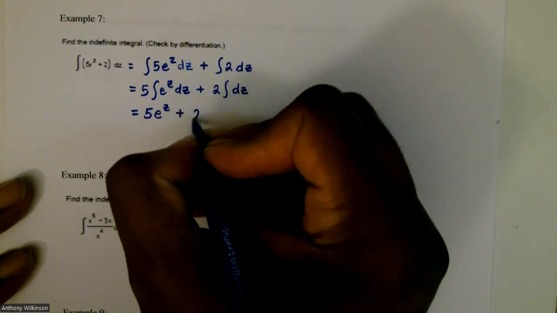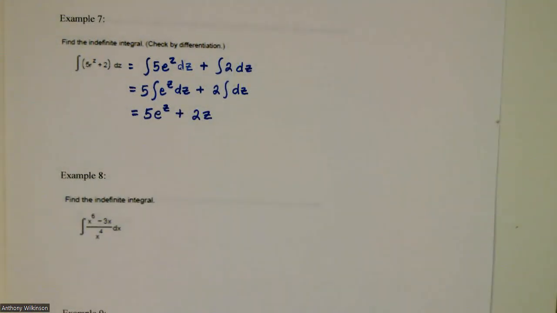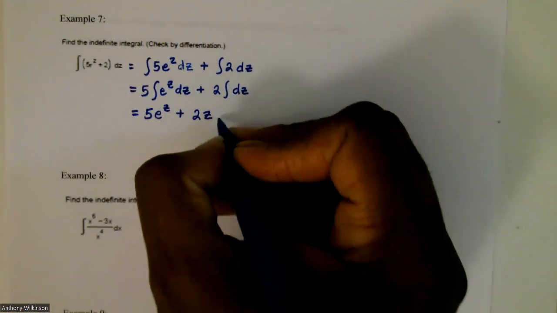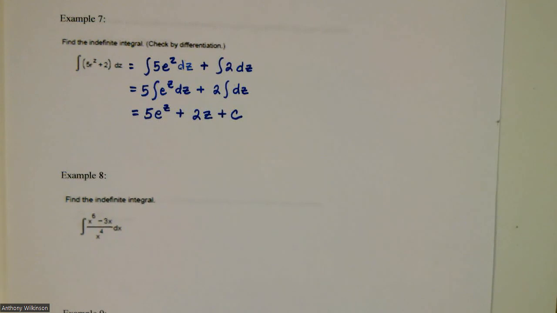And then plus 2 times the integral of dz, we just tack on that variable, which is z. Since it's an indefinite integral, we must include that plus c. Anytime you take an indefinite integral, you must include plus c.